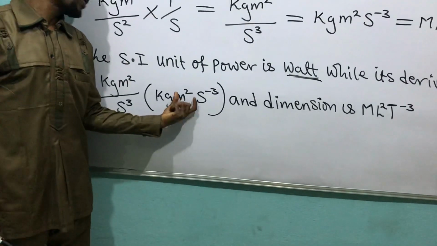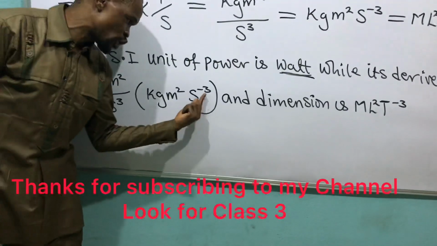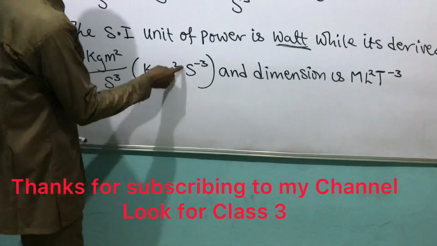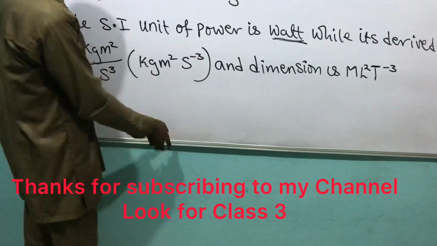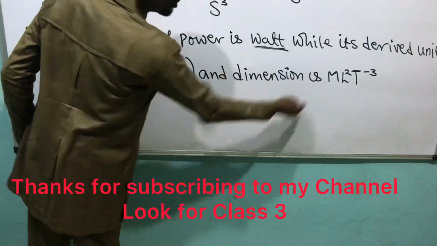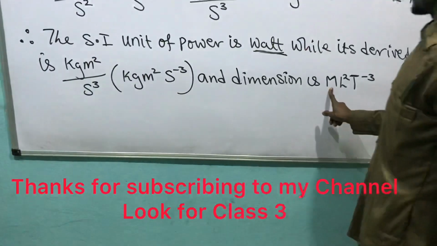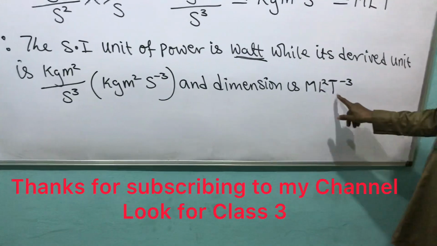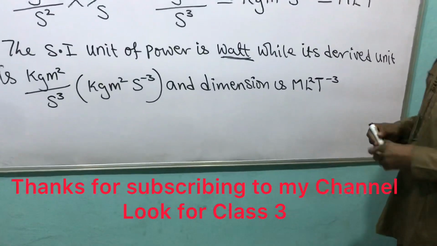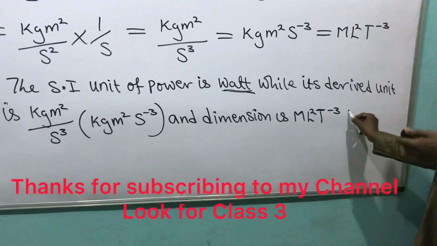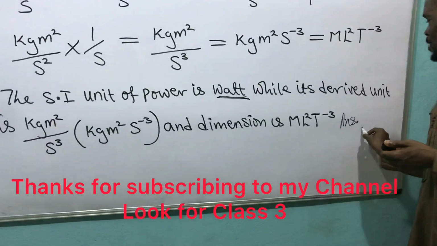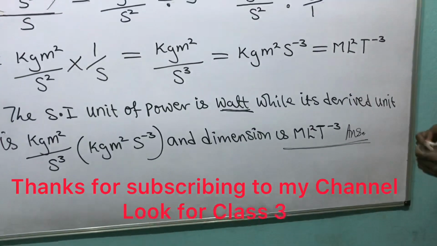And its dimension is capital M, capital L squared, and capital T minus 3. That's the dimension of power. And that's our answer here. And that's it.